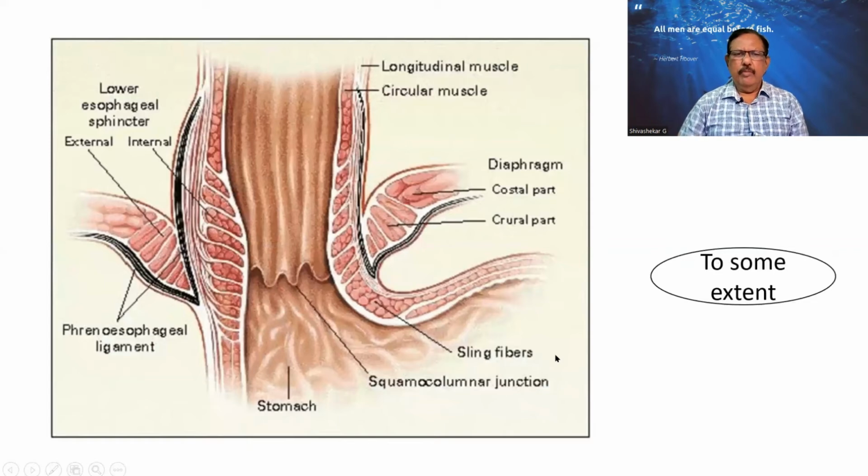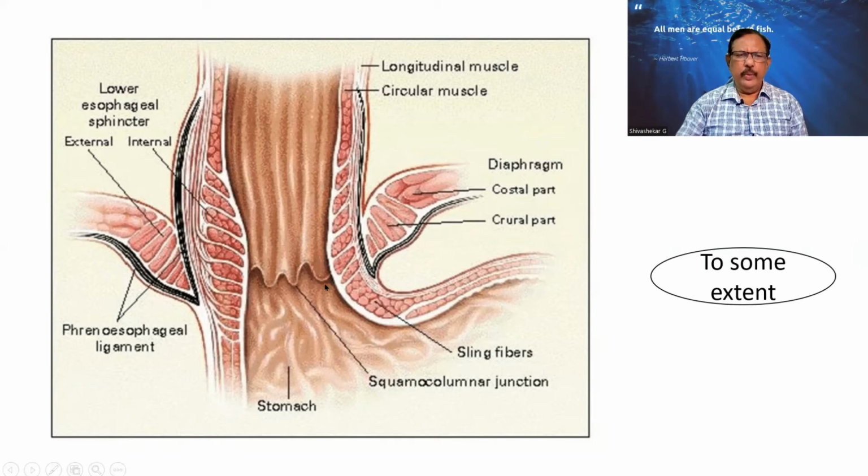This is a more artistic view of it. I am able to find the mucosal folds over here. And the same story. There will be an inner circular, outer longitudinal layer of muscle. Now look at this one. There is a sphincter over here. Sphincter means it is a kind of a valve.